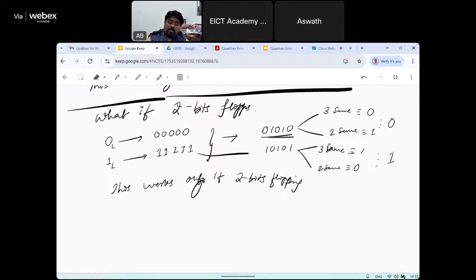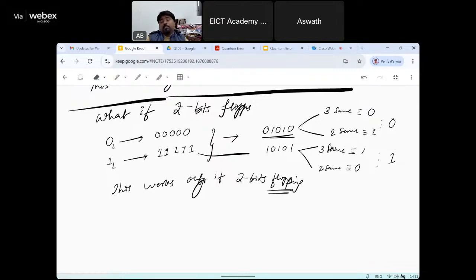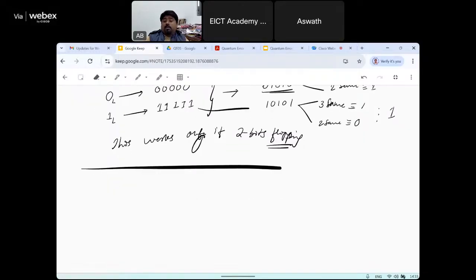If more than 2 are flipping, then this doesn't work, because we may end up with the wrong conclusion. Let's say 3 of them got flipped and 2 of them are intact. Then, as per democracy, we have chosen a wrong leader. So that is what we need to know the strategy for.